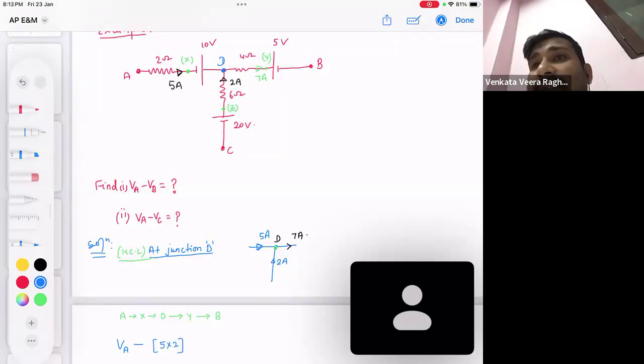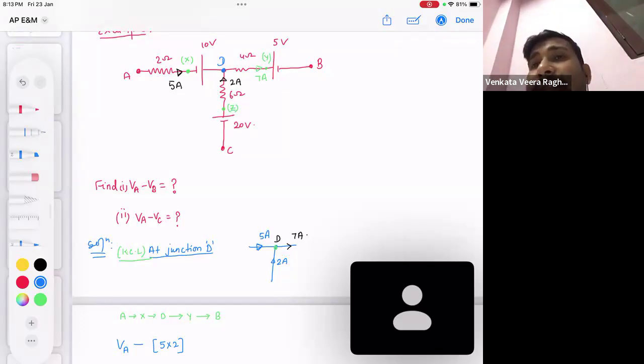Now I reach the point X. Now I will go from X to D. Can you tell me which is low and which is high? X is low potential, D is high potential. Why? Because when I'm going from X to D, I get a battery in between.